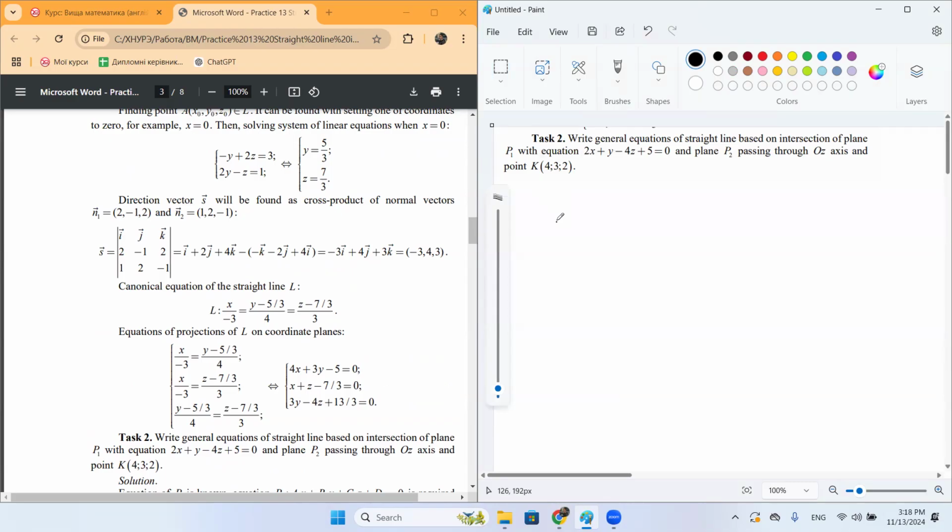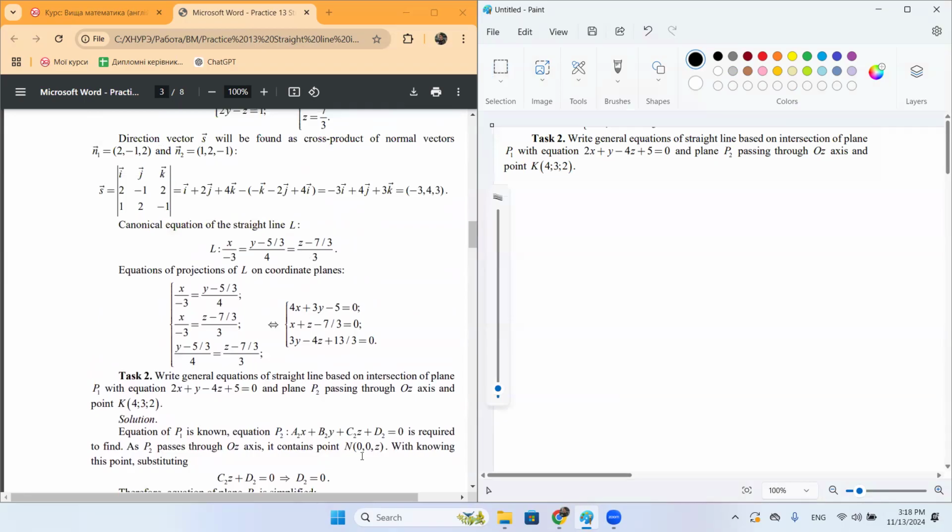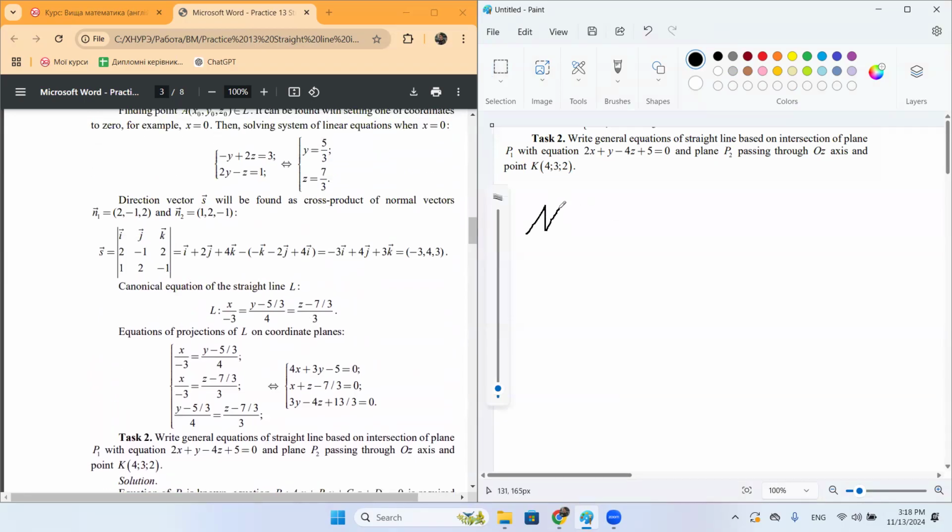So first of all, yes, we have one point K, but we also know that, how is it named? Oh yeah, here it's named N. So point N belongs to the plane P2, because the plane passes through the z axis.